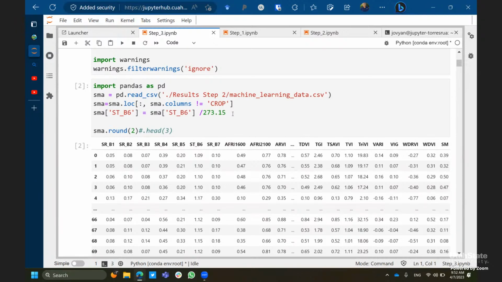I'm going to divide it by the temperature of water at 0 degrees Celsius. Why do I do this transformation? Because all the reflectance values are from 0 to 1. All the vegetation indexes are going to be in a scale from 0 to 1, but temperature is in kelvins, so it's in the 300s.